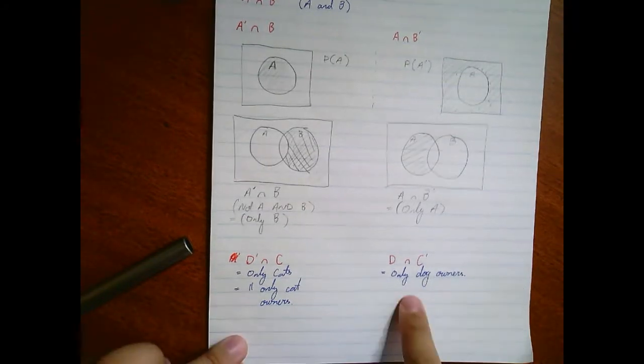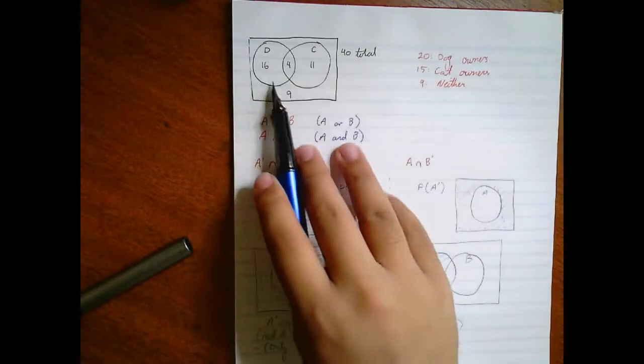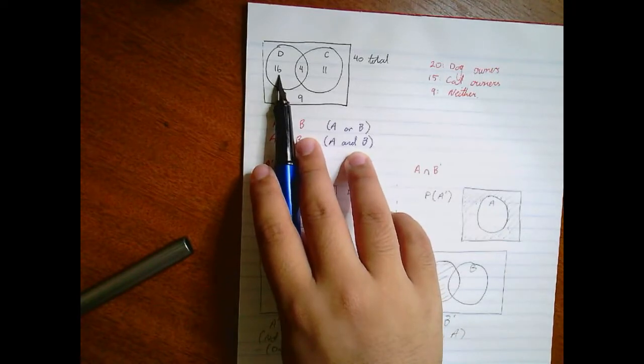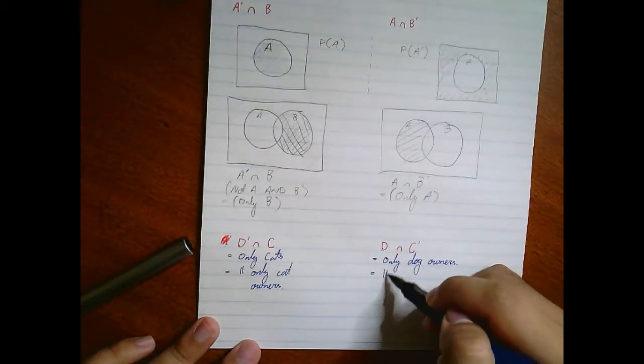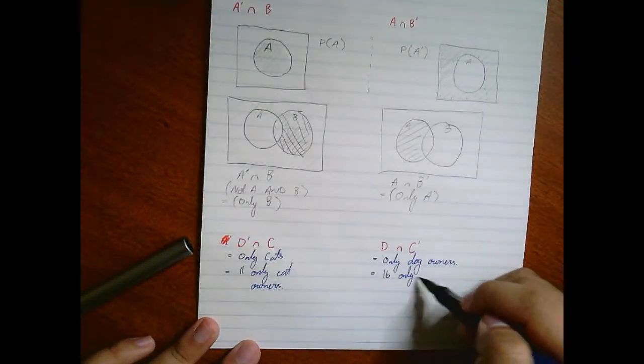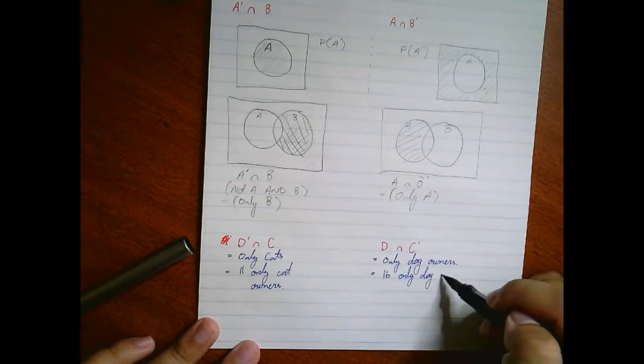We've already calculated that there are 16 owners that are just dog owners. So there's our answer: 16 only dog owners.